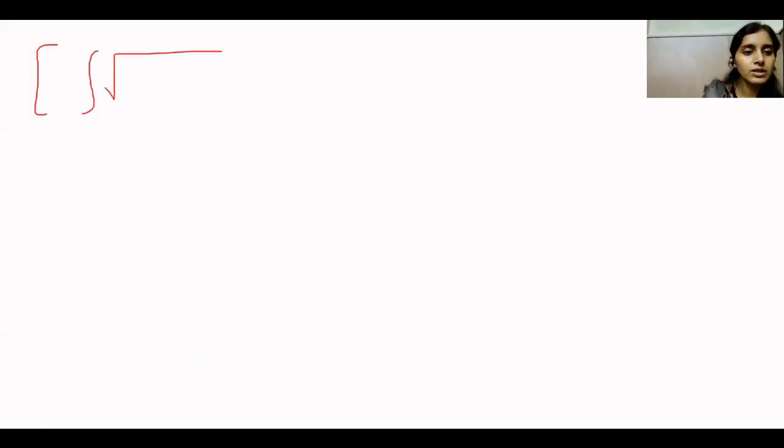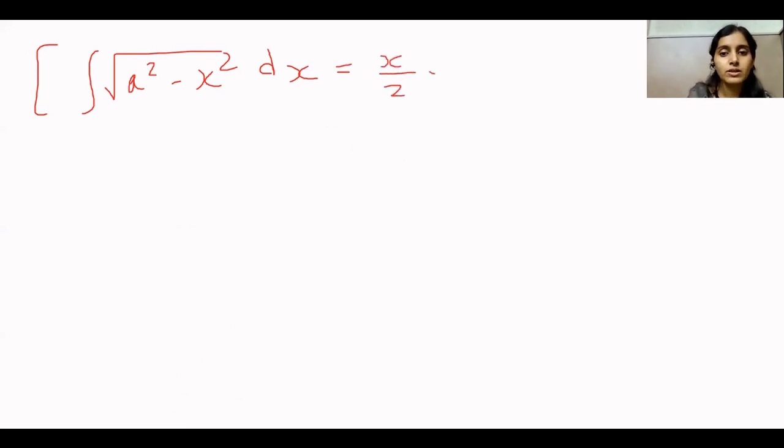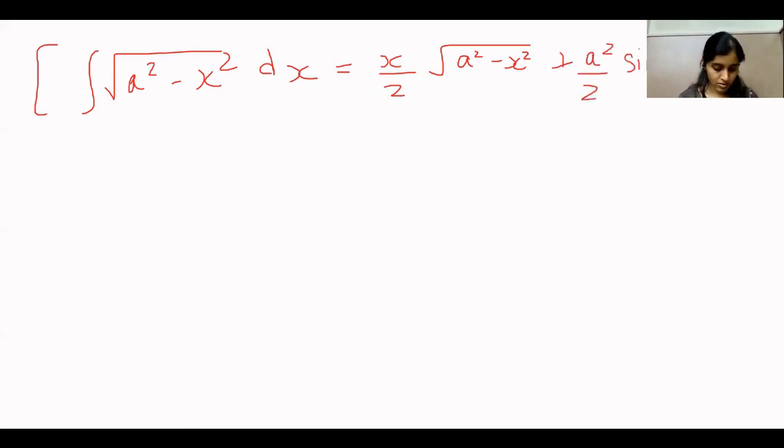Integral root of a square minus x square dx is equal to x upon 2 root of a square minus x square, plus a square upon 2 sine inverse x upon a, plus c. This is the formula that I'll be using.